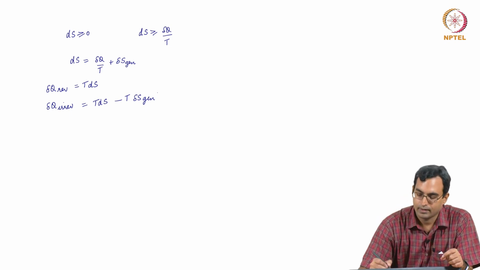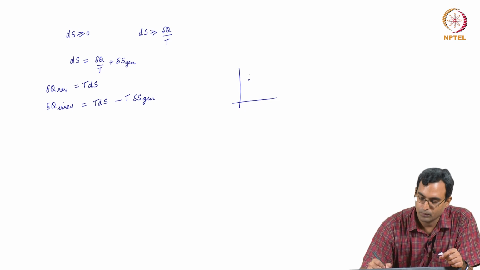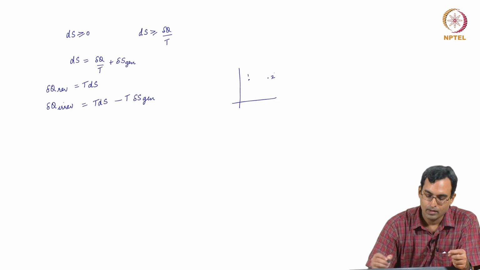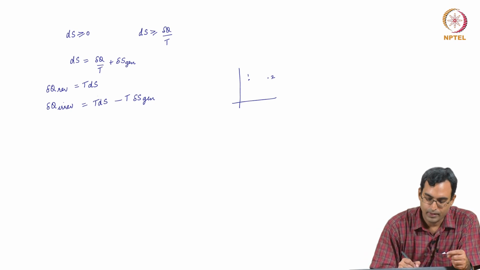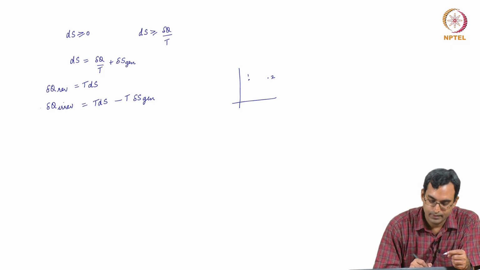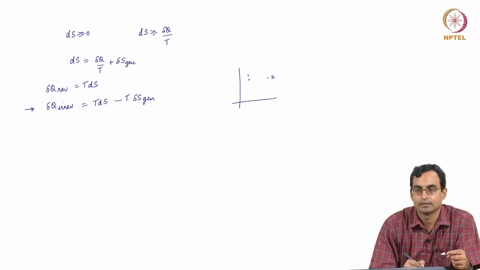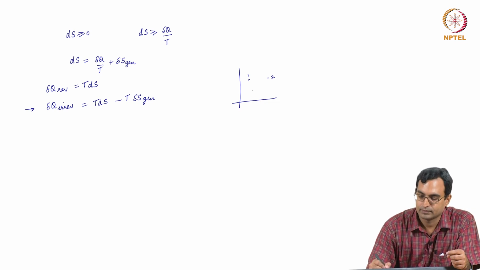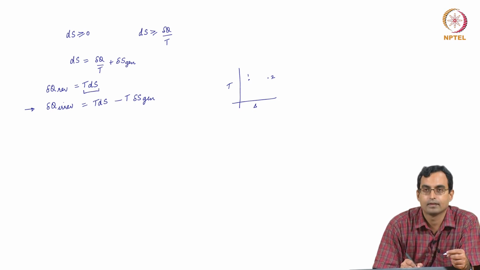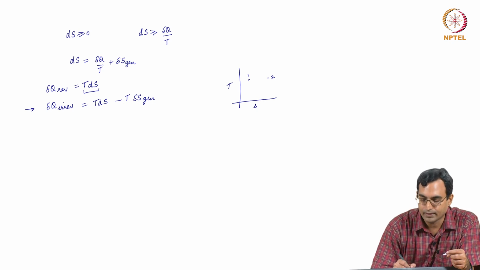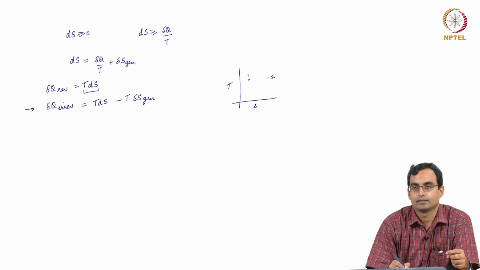So, what we see is that if I have some point 1 to some point 2, and I have a process for the same change in state going from the same point 1 to the same point 2, where I have the same ds, the amount of heat I would transfer in the irreversible process, for the same change in entropy, is less, because it is the same T into the same ds minus some T into delta s generated.